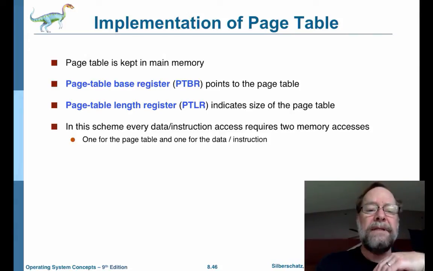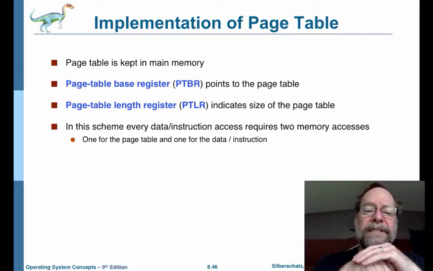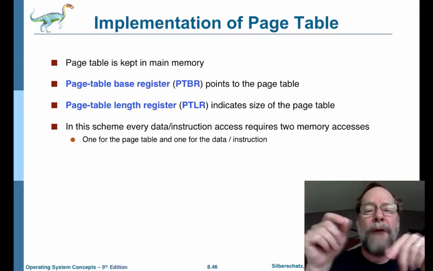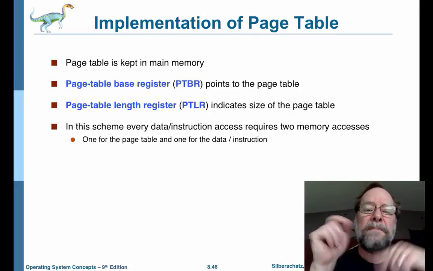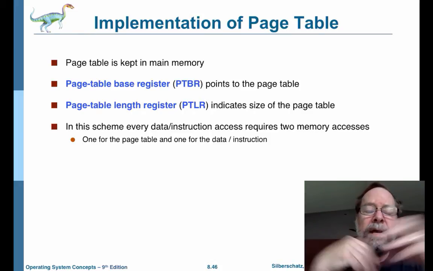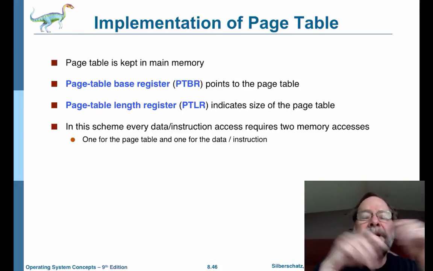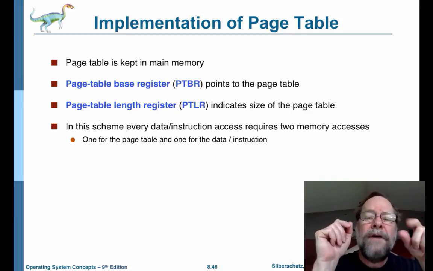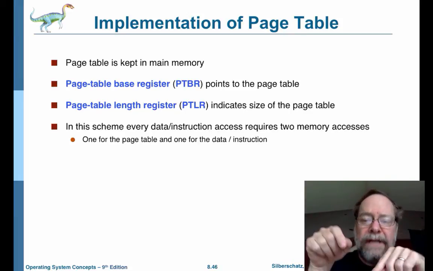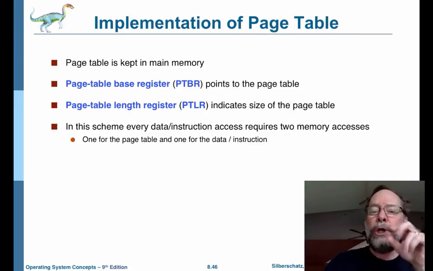And then you have the page table length register, which just says how big that table is, how many entries are in that page table, i.e. how many pages the process consists of. Now, of course, once we're using page tables like this, you can see that in order to reference a particular memory access, we actually need to do 2 memory accesses.